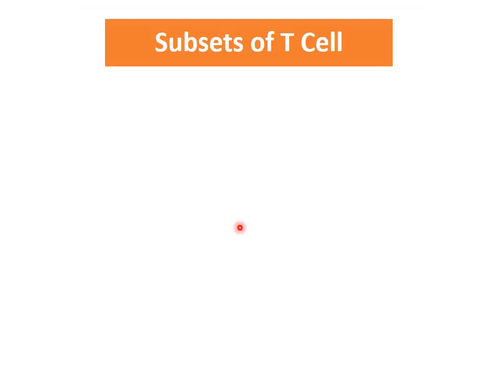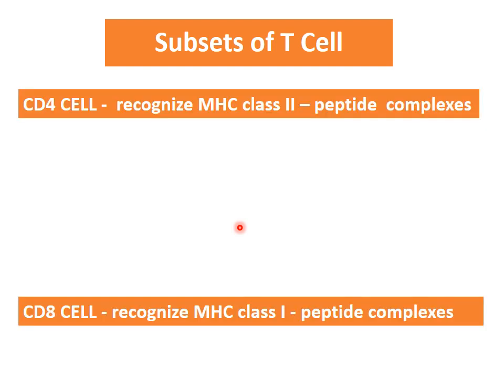Now let us see the subsets of the T cell involved in the adaptive immunity. Two important subsets are the CD4 cell and the CD8 cell. The CD4 cell recognizes the MHC class 2 peptide complex on the APC, whereas the CD8 cell recognizes the MHC class 1 peptide complex on the APC.